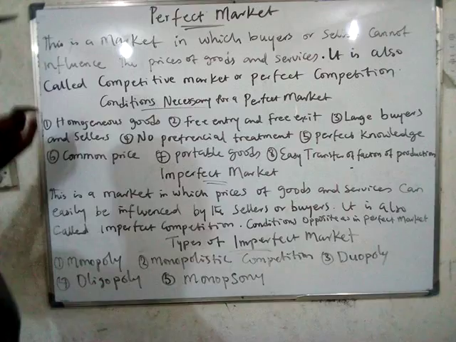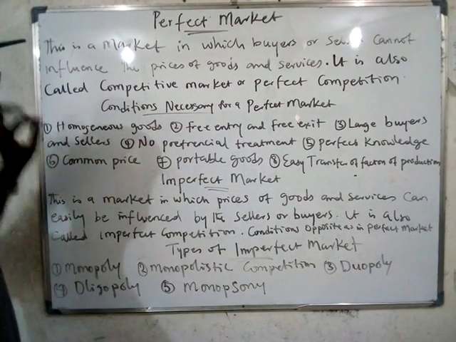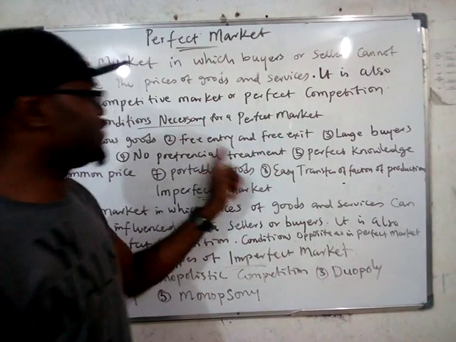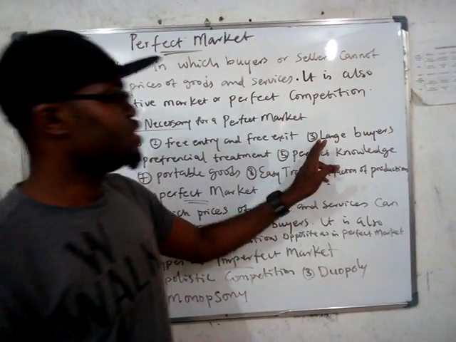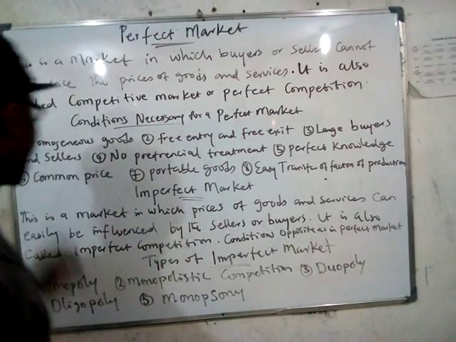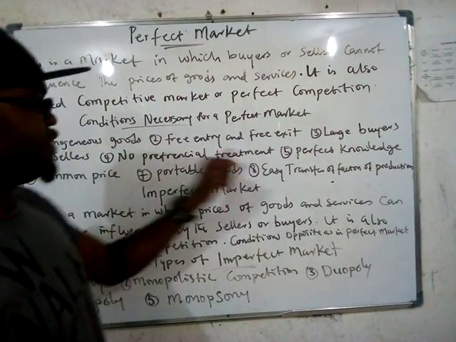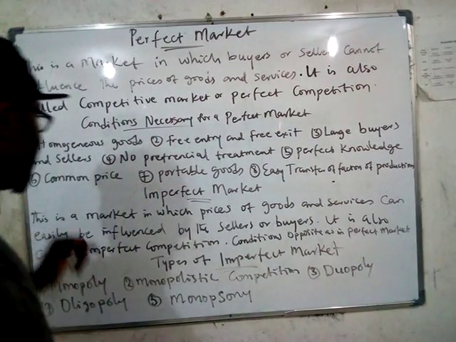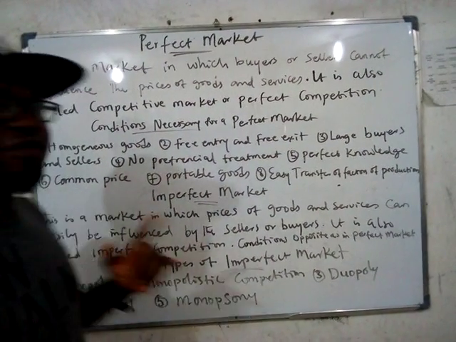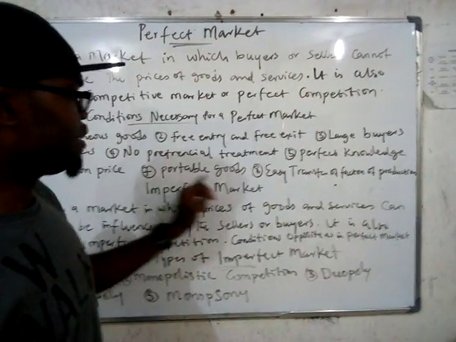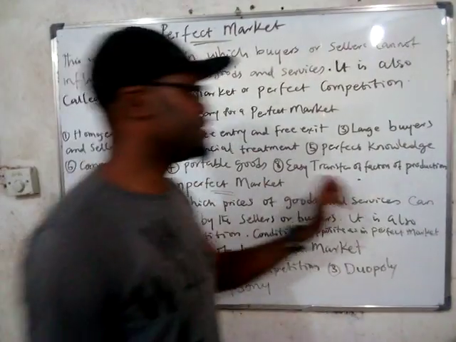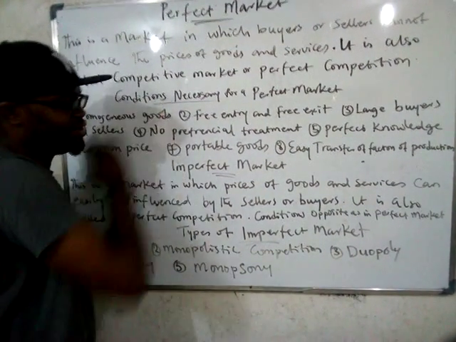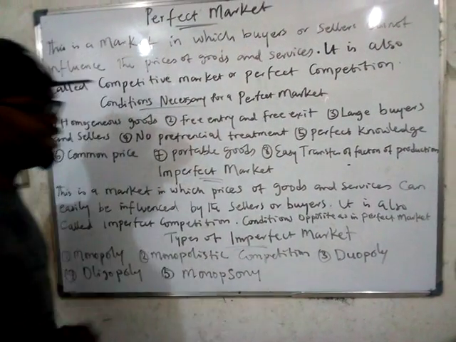Number one, non-homogeneous goods, or you say heterogeneous goods. Non-free entry and exit. None or small number of buyers and sellers. Preferential treatment. No perfect knowledge of the market. No common price for the goods. Non-portable goods. No easy transfer of factors of production. So the opposite of all these conditions are the conditions for an imperfect market.